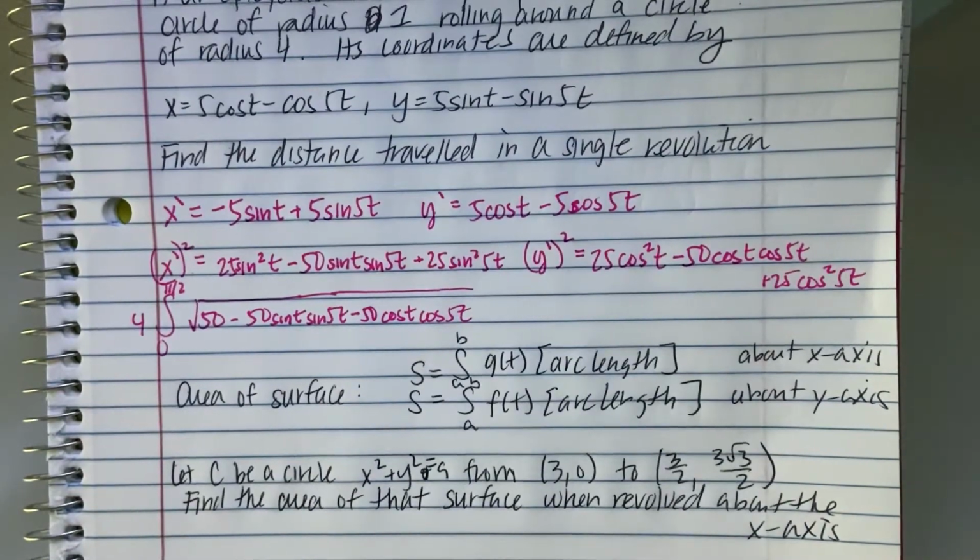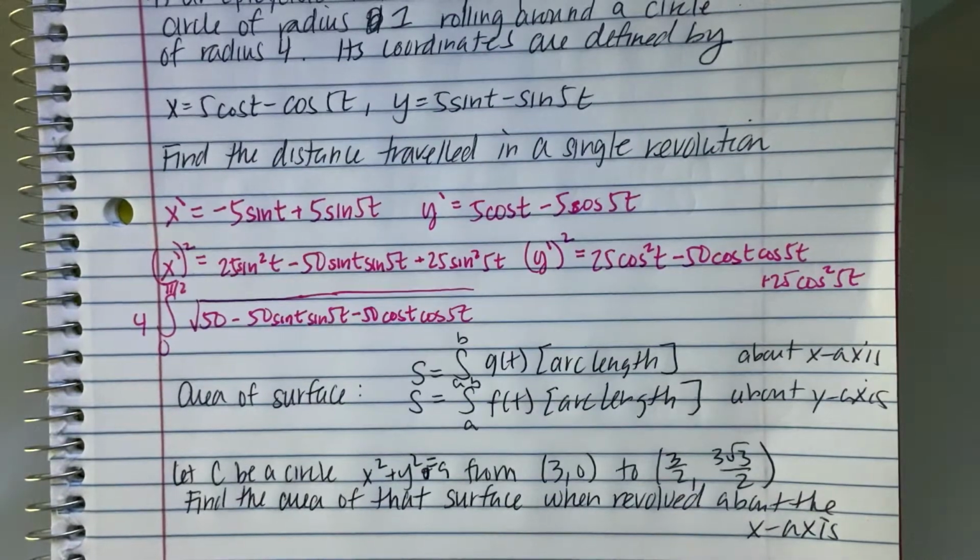If you've got 50 sine t and 50 sine 5t, I believe this will end up dealing with one of our trig conversion formulas.